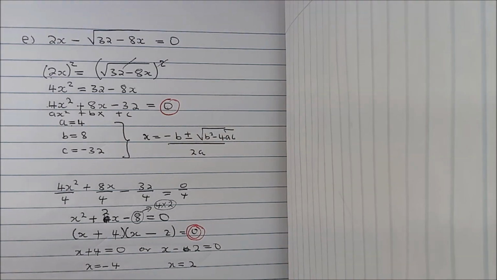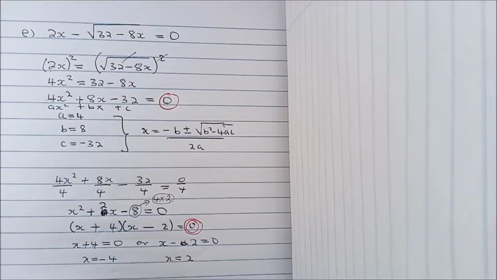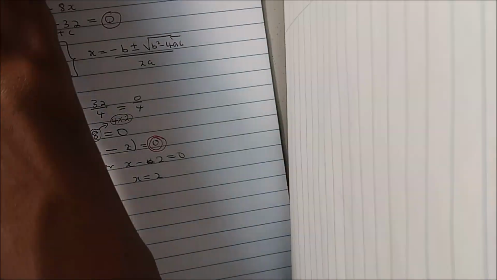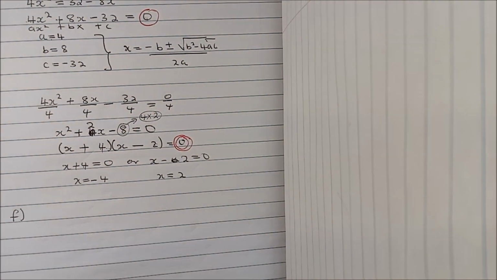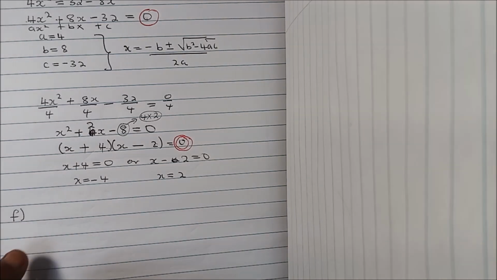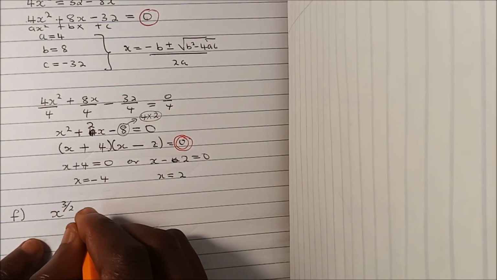So equations can be tricky. Like let's say you have, let's put f here. So this one will be just a mental equation. Let's say you have x to the power of 3 over 2 equal 8.